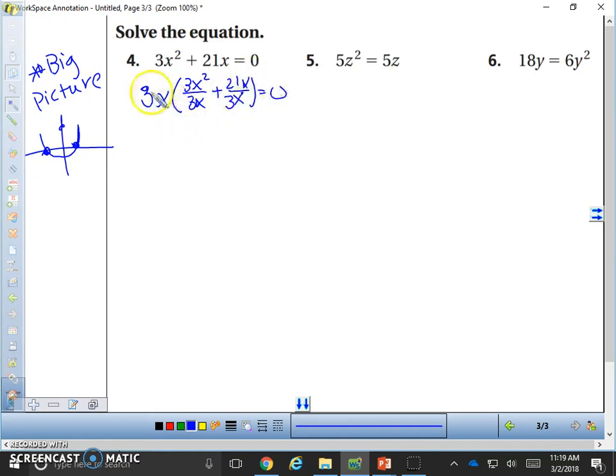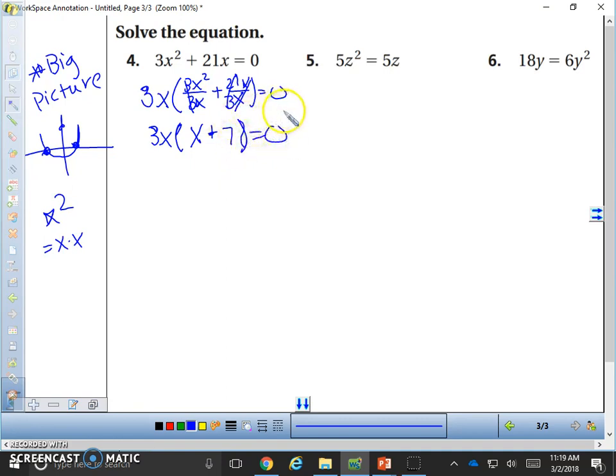Okay, so 3 divided by 3 is 1. X squared divided by x is x, because remember, x squared is x times x, plus 21 divided by 3 is 7. X divided by x is 1.